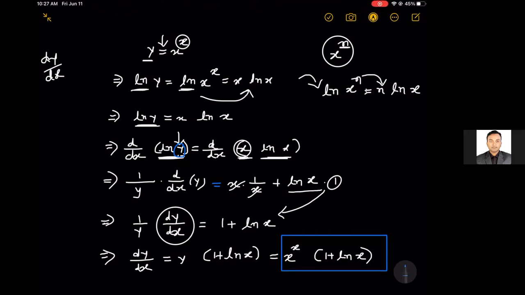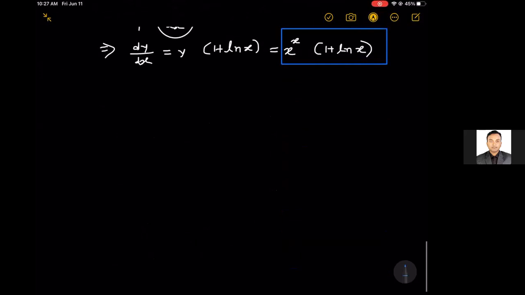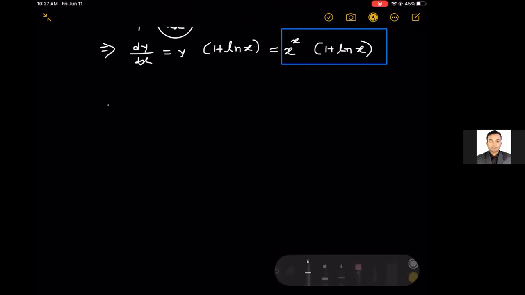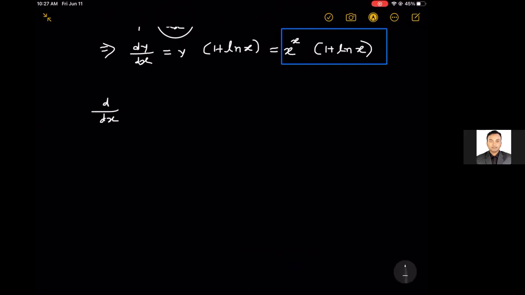This time the derivatives will not be as straightforward as they were for the general trigonometric functions. So let me write the formula for you and then we'll practice one or two from each. The first formula is the derivative of sine inverse x, or one might say arc sine.